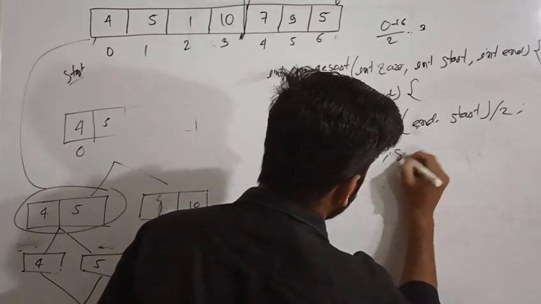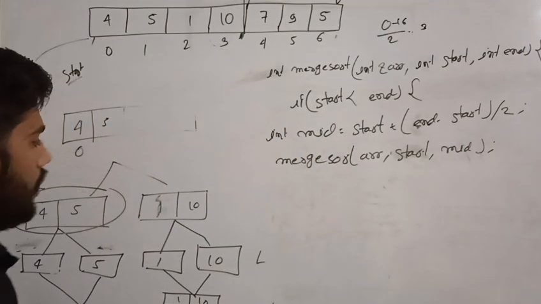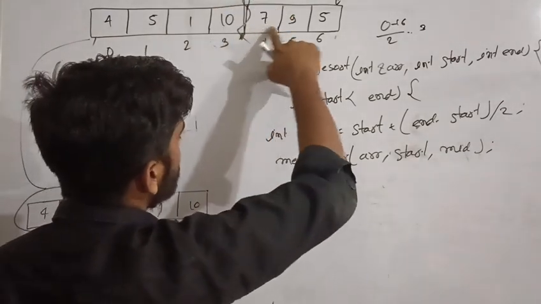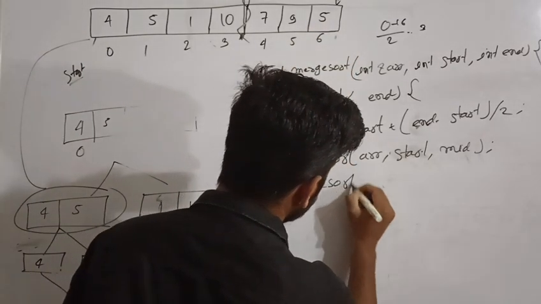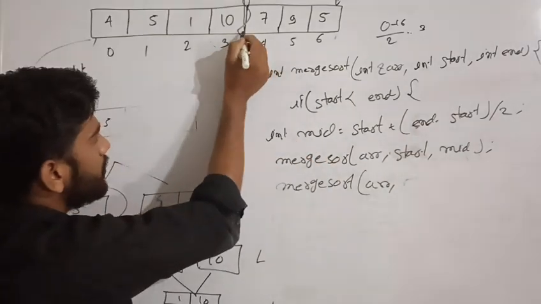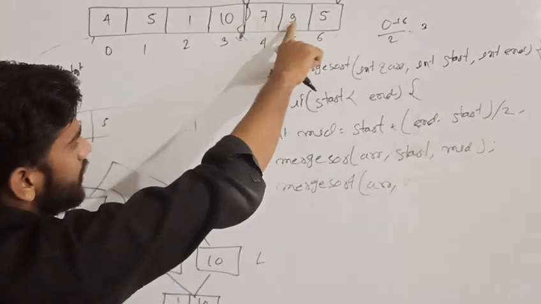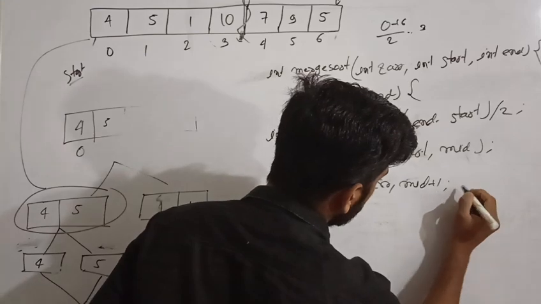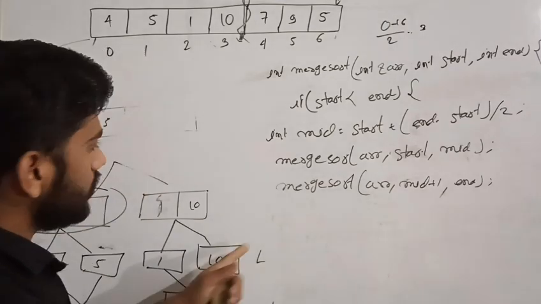Sorry, first of all start, then mid. And when this is done, we have divided into this part of only 7 9 and 5, means merge sort array again, and here mid is representing here, but we have to sort 7 9 and 5, means start will be mid plus 1 and its end. Okay, that is clear.